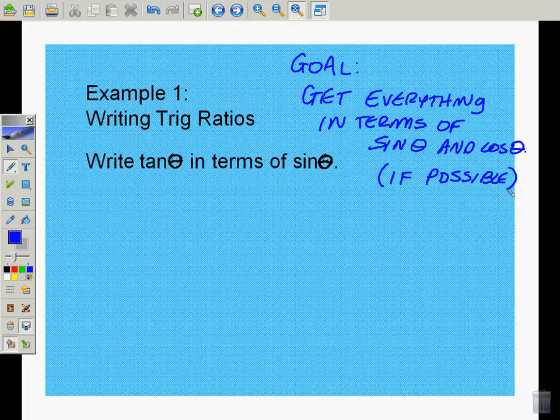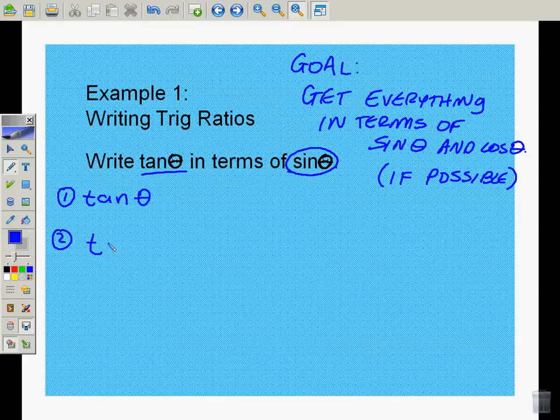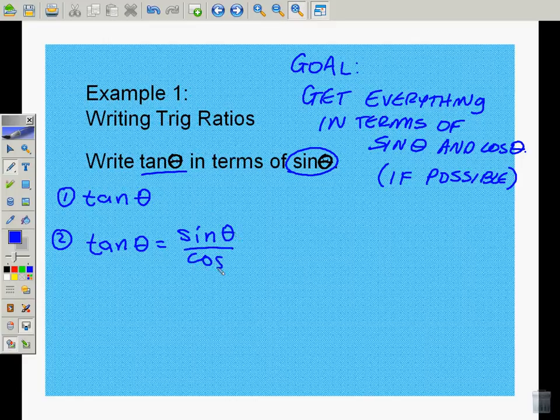Okay, we're choosing just sine in this case. So here's what we need to do. We're going from tangent. So first, what I want to do is get rid of the tangent. Okay, and we're going to try to write it in terms of sine and cosine. So tangent theta is sine theta over cosine theta.